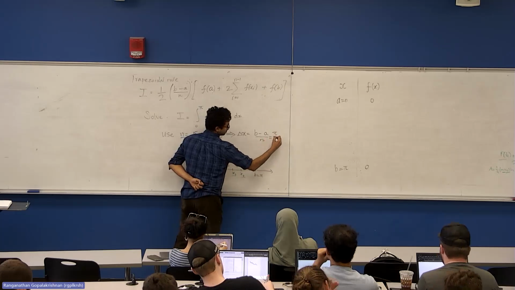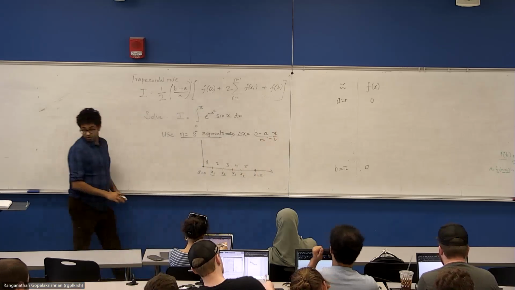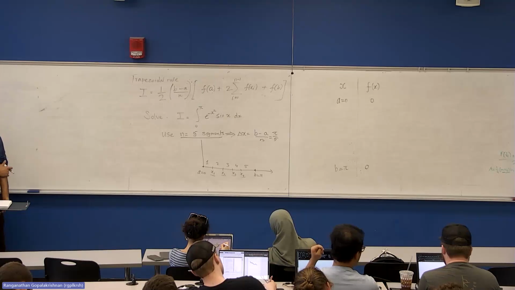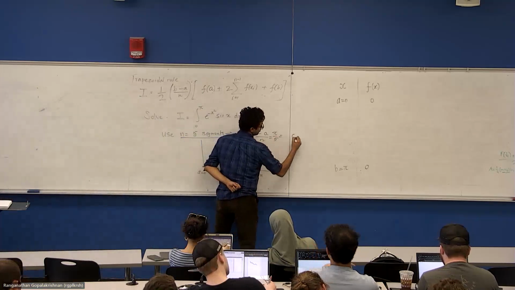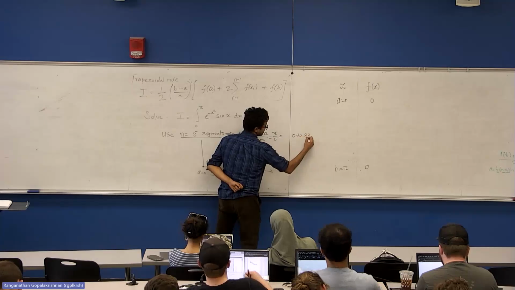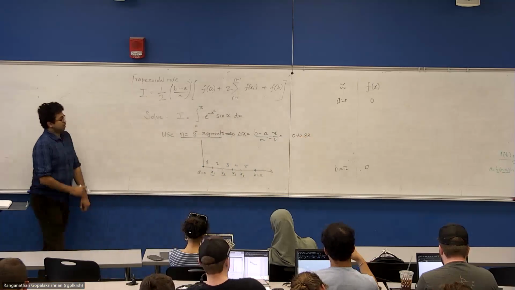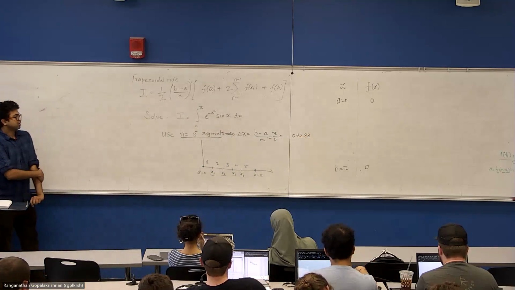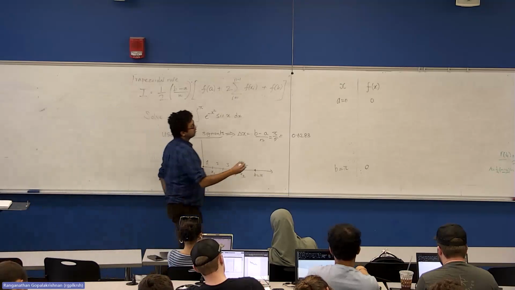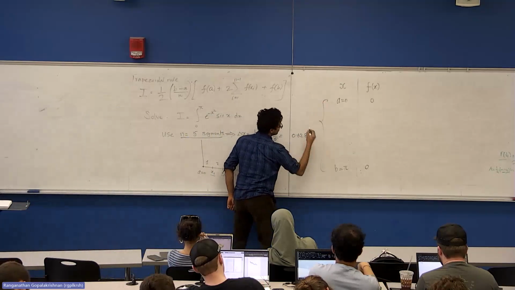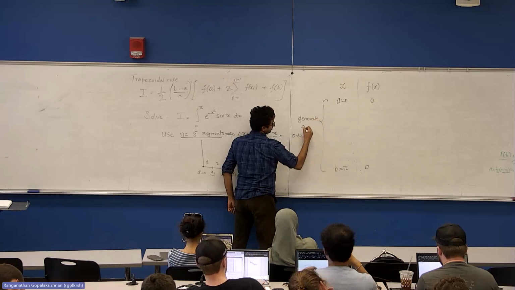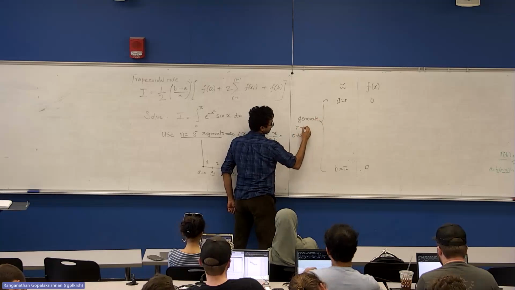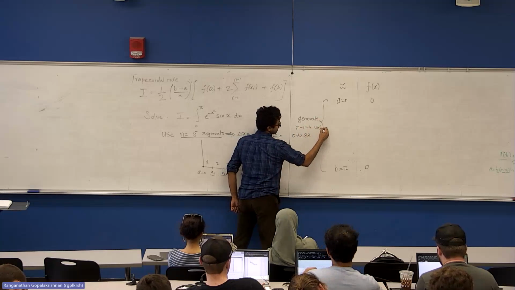This is pi over 5, which if you do the number, is 0.6283. So generating these values is your first step. Generate 4, or n minus 1 equal to 4, values.